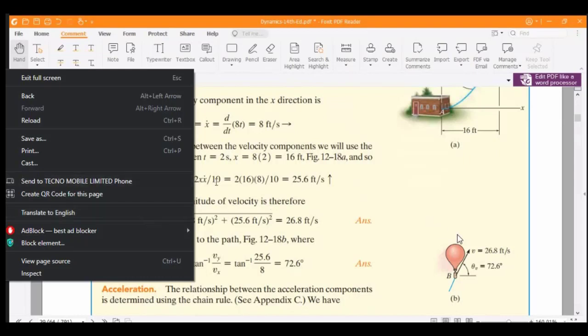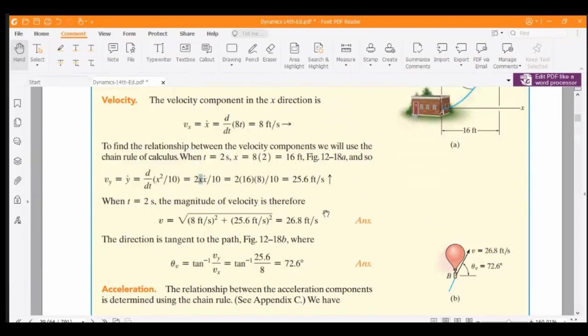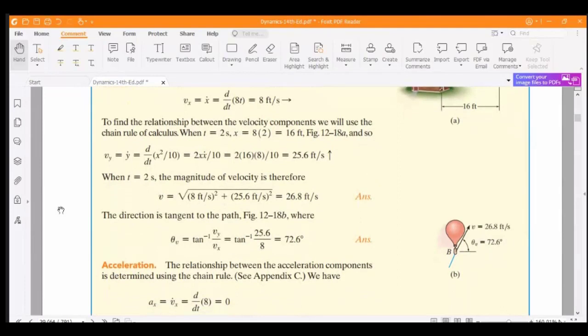As we know, he did this calculation for x at 2 seconds. This is not v, right? This is a position. This is not v. So when t equals 2 seconds, what will be the magnitude?